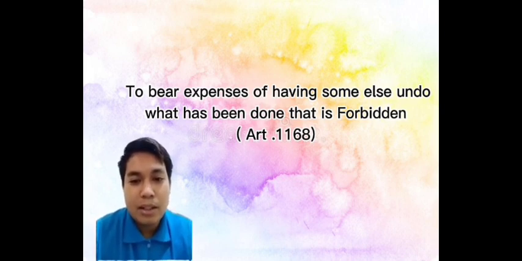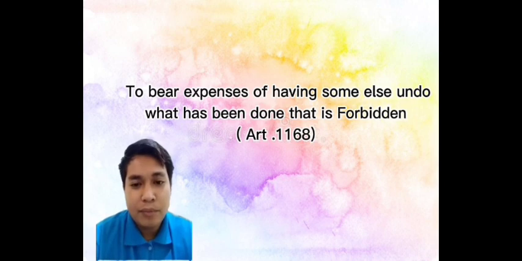From a grammatical interpretation alone, an obligation to undo what has been done that is forbidden means a duty or legal requirement to correct, put right, or reverse the effects of what you did that you should not have done, as it was forbidden.